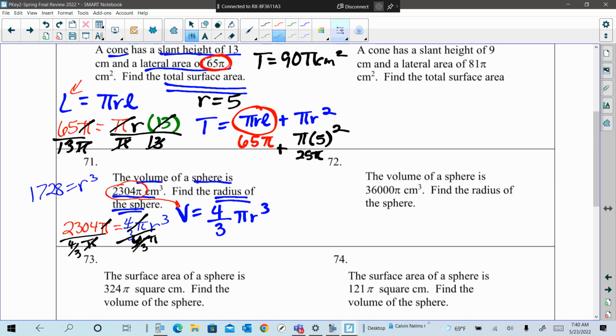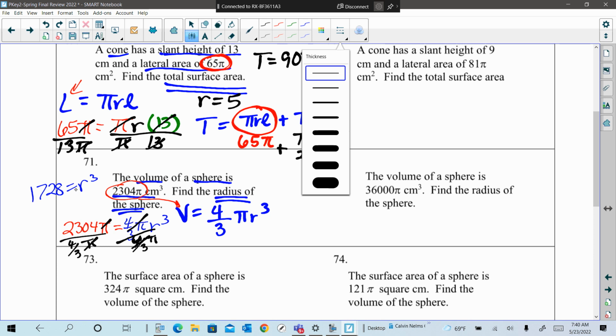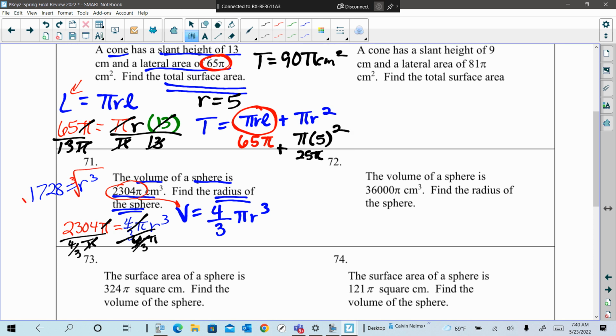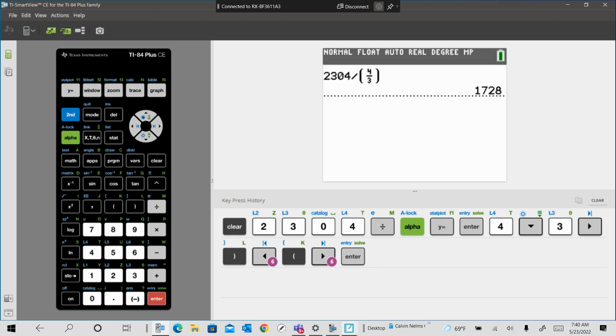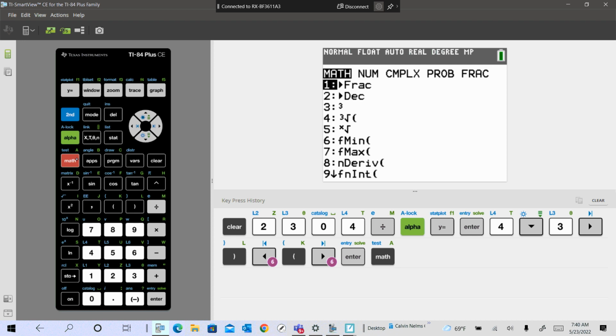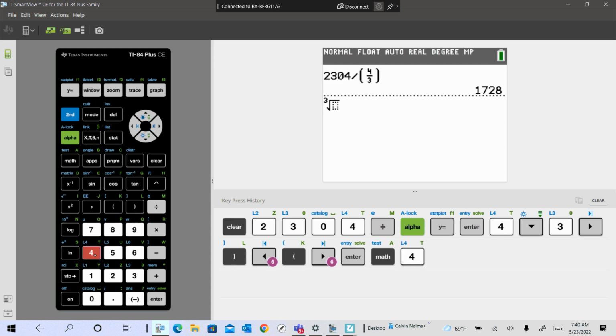So to find just the r, you have to take the cube root of that number. If you forgot how to find that on the calculator, you hit math and then pick 4 to get the cube root symbol.